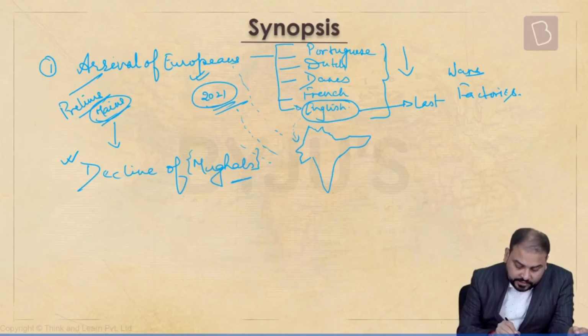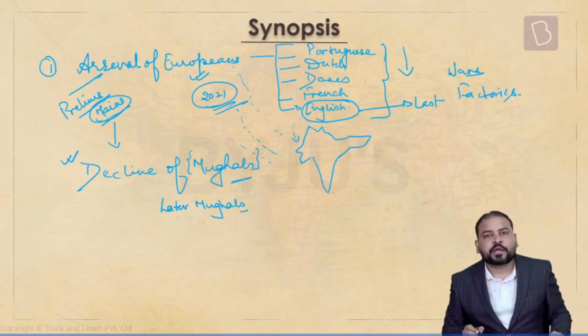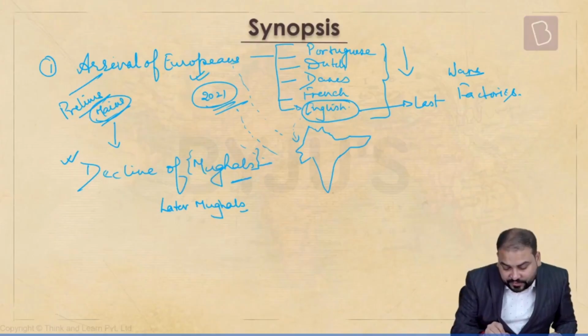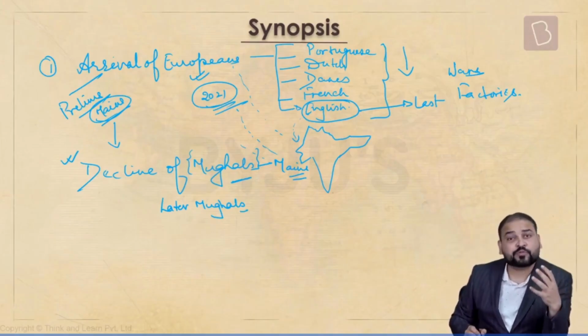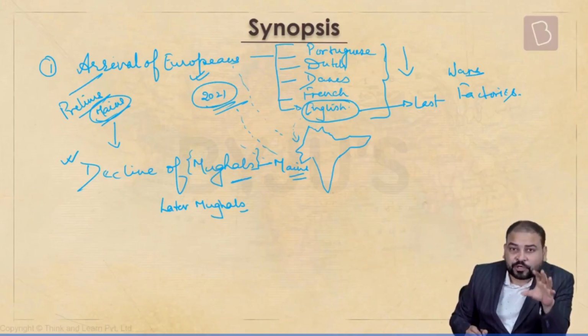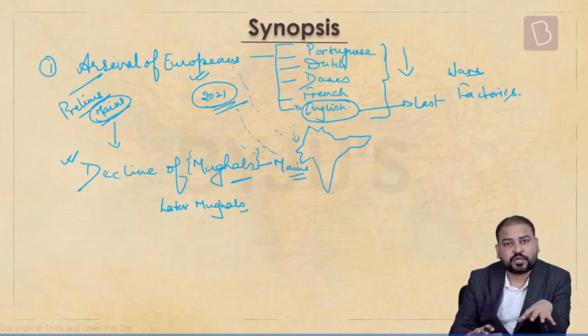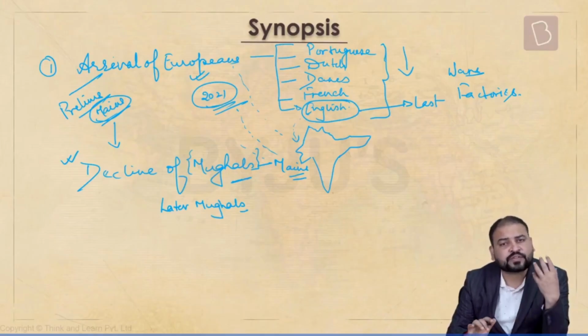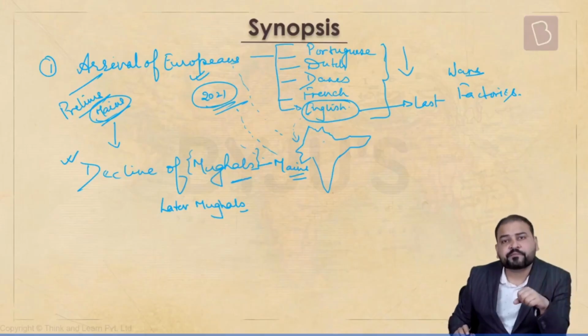Along with the decline, here only we shall see the later Mughals. Now please understand, decline of Mughals is basically a mains topic. We shall see the various reasons that led to the decline of the mighty Mughal Empire, which once upon a time ruled practically the whole country of ours. Why did it decline to such an extent that it was only in and around Delhi?